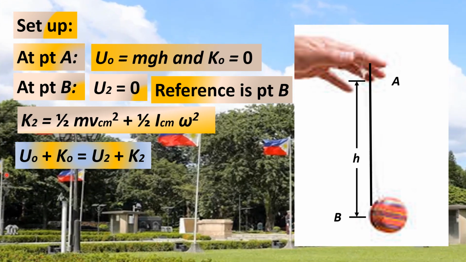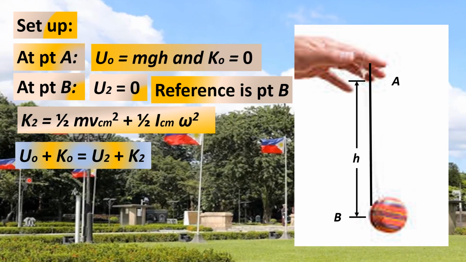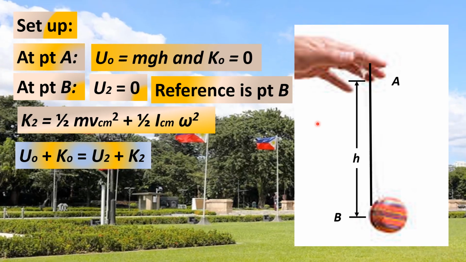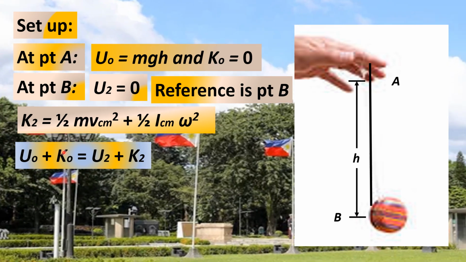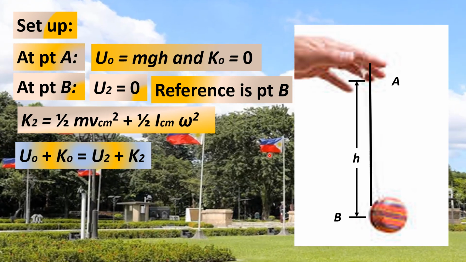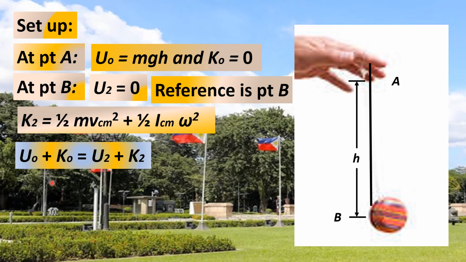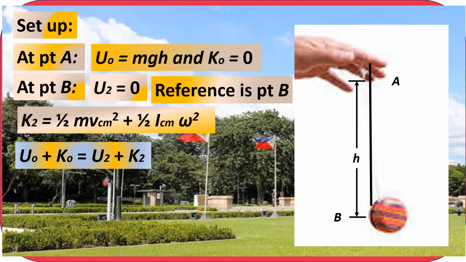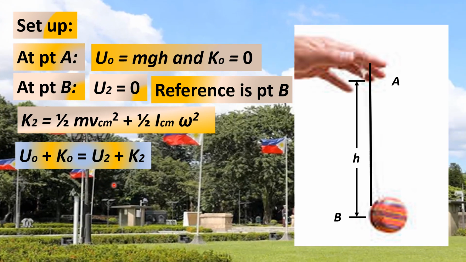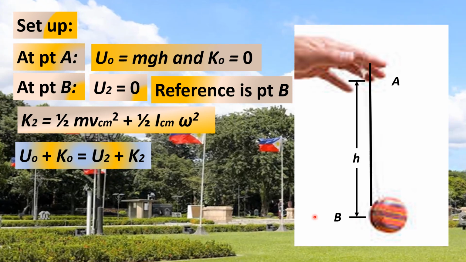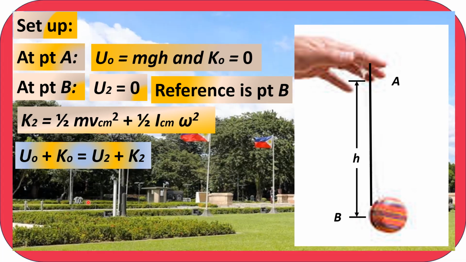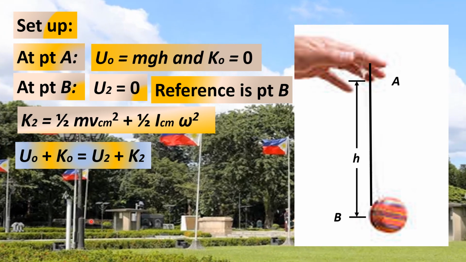Capital U naught, which is the initial gravitational potential energy at point A, plus the initial kinetic energy, K naught, is just equal to the gravitational potential energy, capital U sub 2, at point B, plus the total kinetic energy, K sub 2, also at point B.